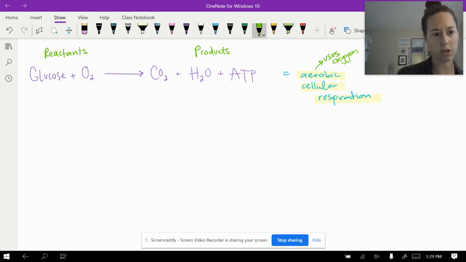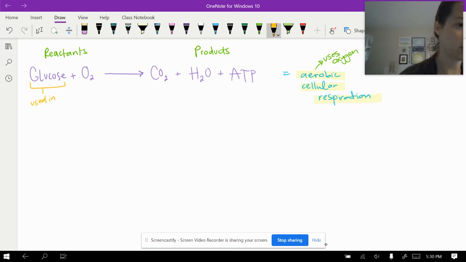The glucose is used in glycolysis. I'm going to do each step in a different color. So used in glycolysis. And I'm just going to make a note that it's completely oxidized by end of Krebs.